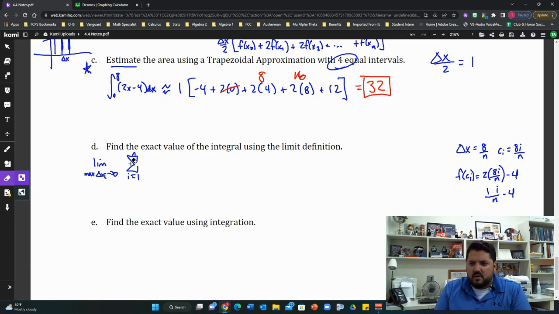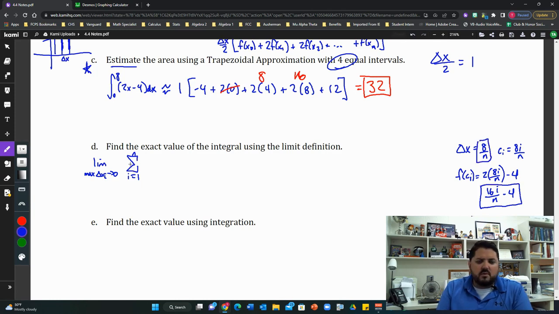Let me clean that up a little bit. So that is our formula for heights. This is our formula for widths. So that's what we're going to multiply together here. So 16i over n minus 4 times 8 over n. So again, all this process kind of just reworks itself the exact same way we've seen with others. So this is going to translate back into n going to infinity.